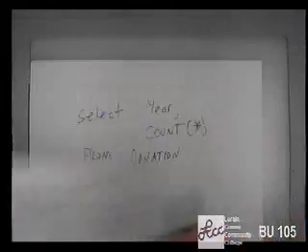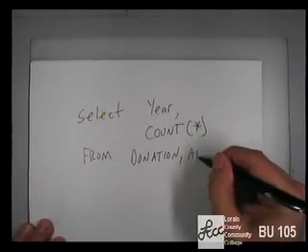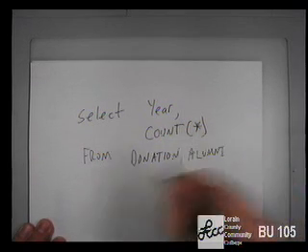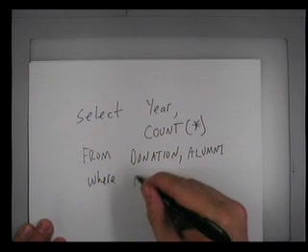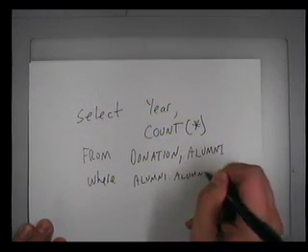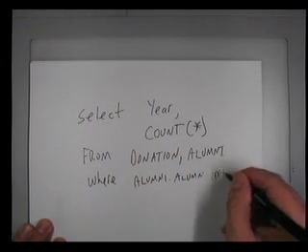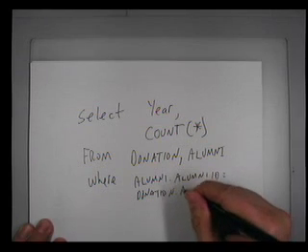If by year, again, by year we mean year of the alumni, not the year of the donation. So we want donation and alumni, where alumni ID equals donation alumni ID.